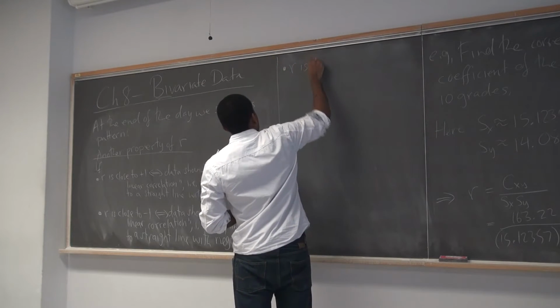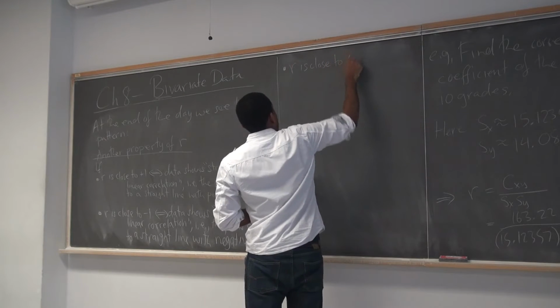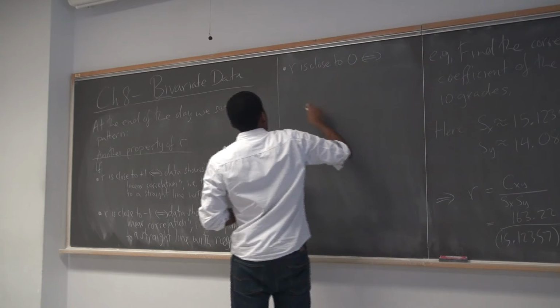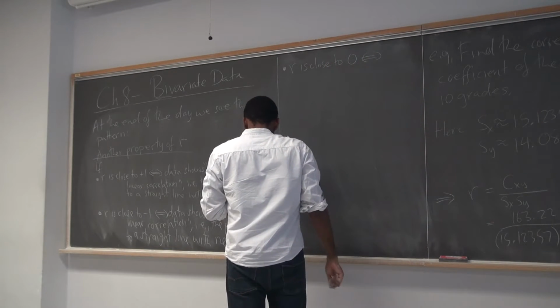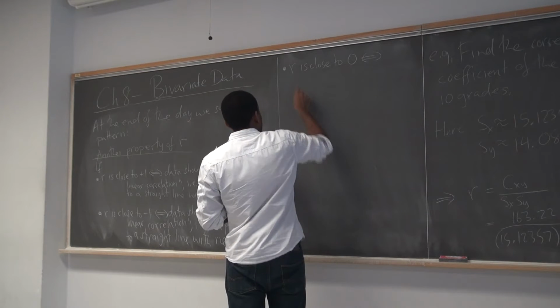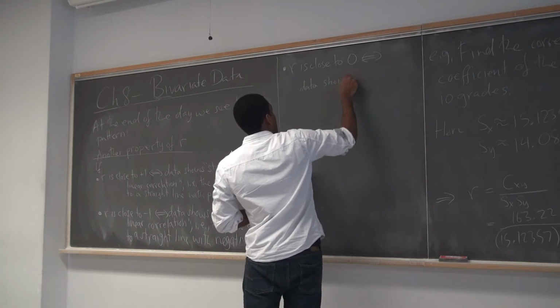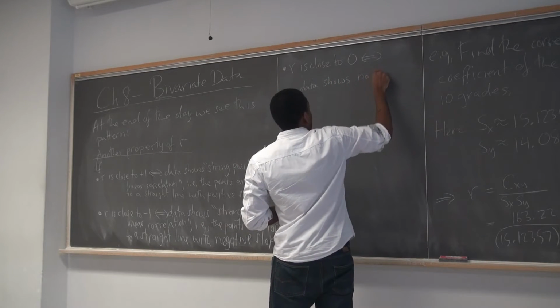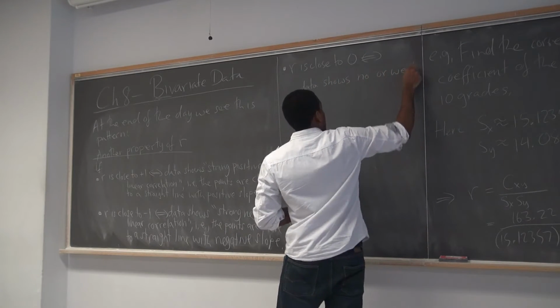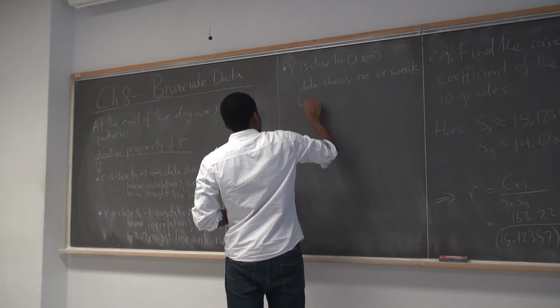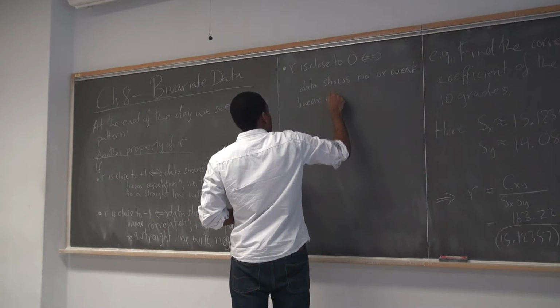R is close to 0. That happens if the data shows no or weak linear correlation.